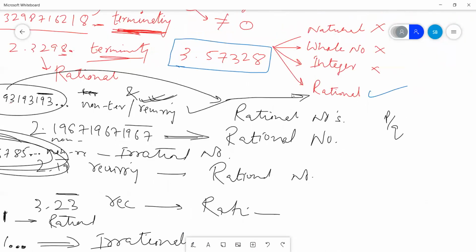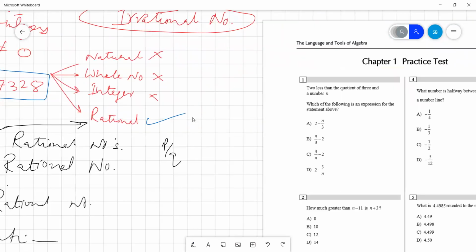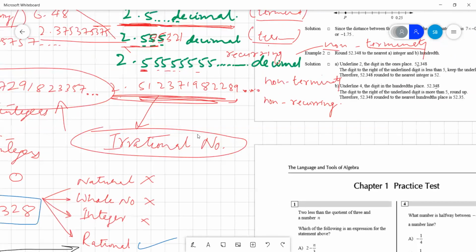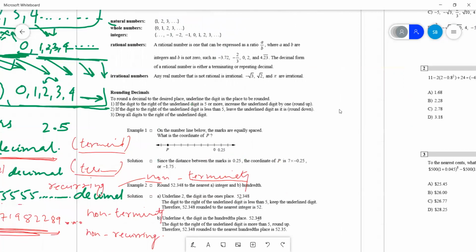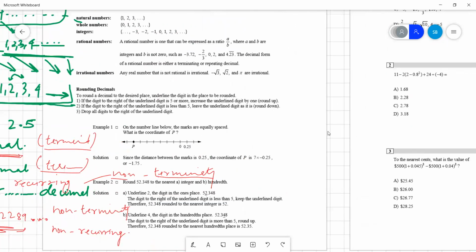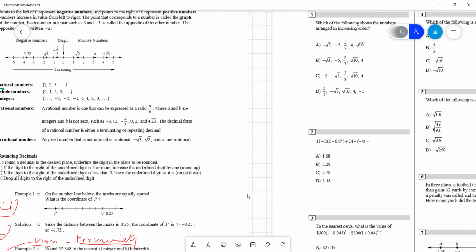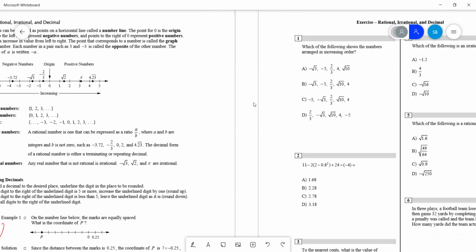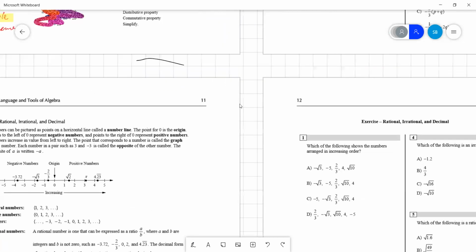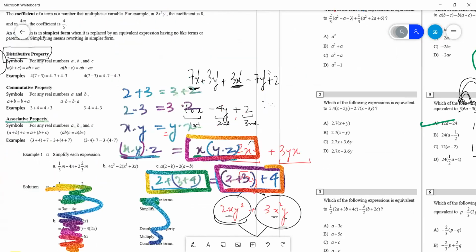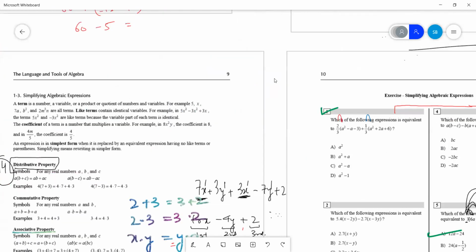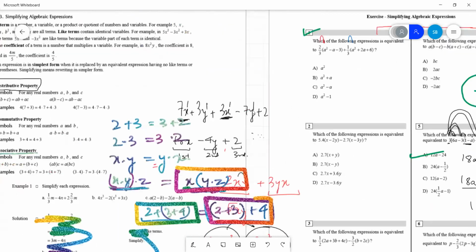So this was rational, irrational. And then we need to do a little more. Okay, so the questions which I have given you are on page number 10. Page number 10, you have to do the questions.